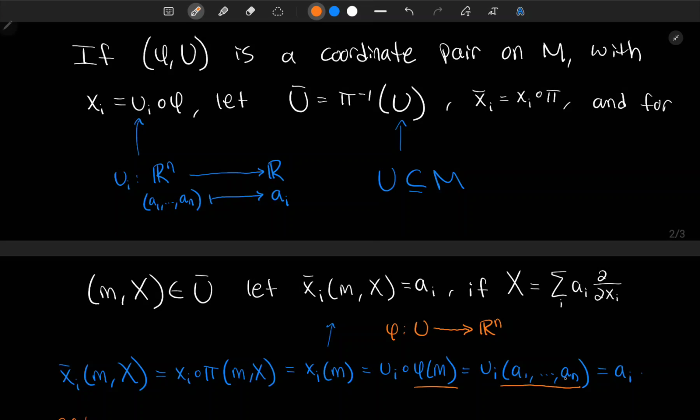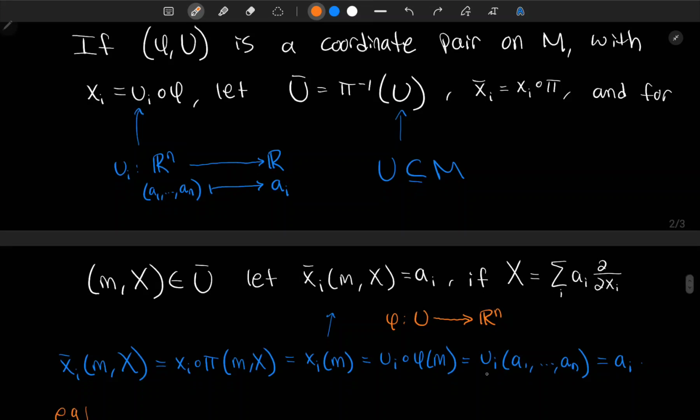Here we'll write it as a_1 all the way up to a_n. Then u_i acting on this vector, we defined it as being the projector onto the ith element. So we see that x_i bar acting on (m, X) is equal to a_i. It gives us the ith component, or the ith coefficient of the basis expansion of the vector X.